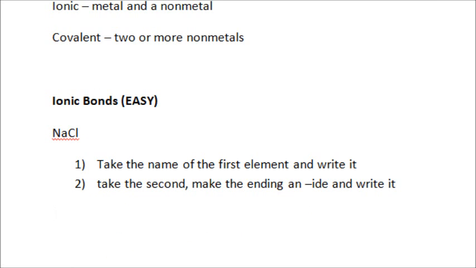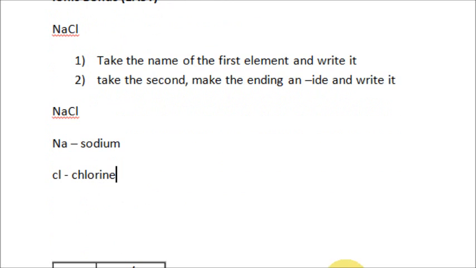For example, NaCl, which has Na, which is sodium, and Cl, which is chlorine. If you don't know where I'm getting these, I sincerely hope you do, because that's basic chemistry. Check out my previous videos if you don't know where to find the symbol of the element in the name.